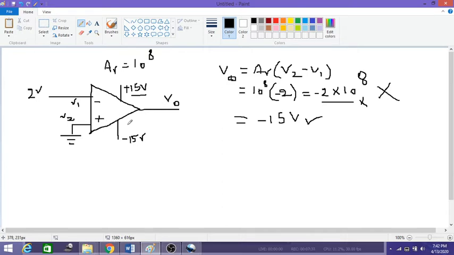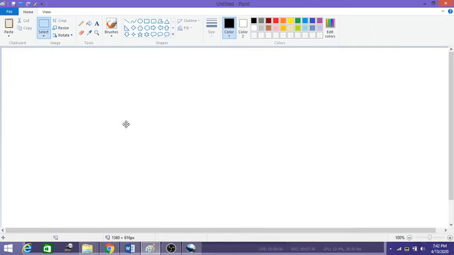Now let me take one more example here. I'll delete this. So here V1 is connected to 2 volts, and V2 is connected with some Vs. We'll see what this Vs is now.